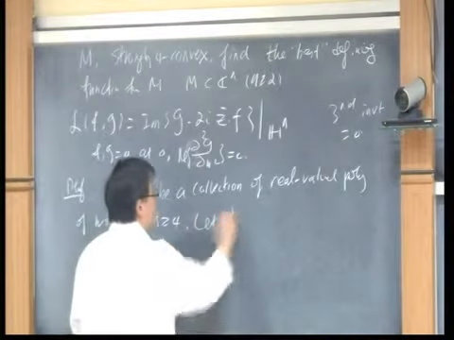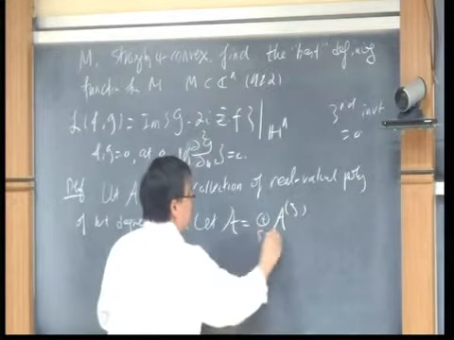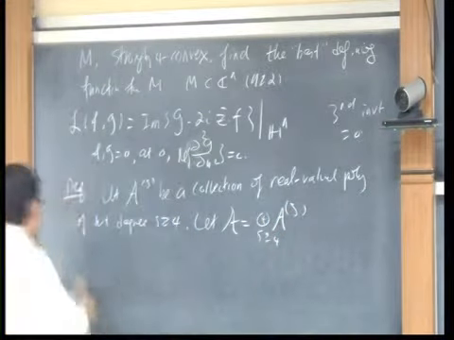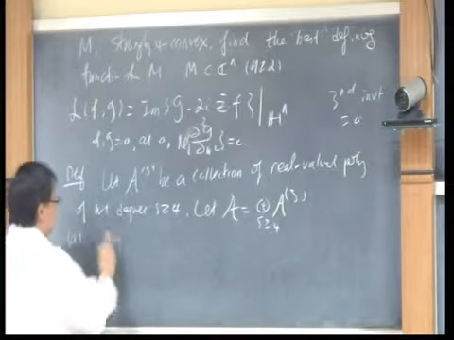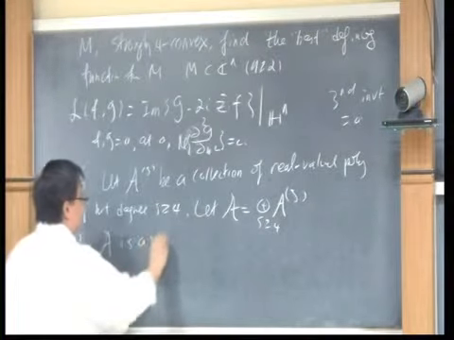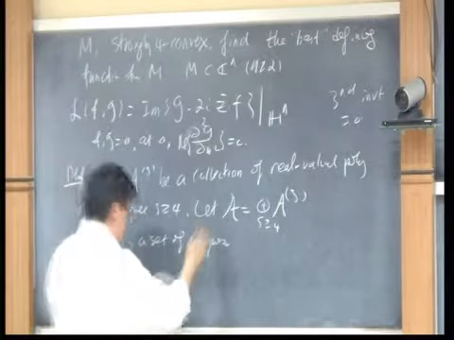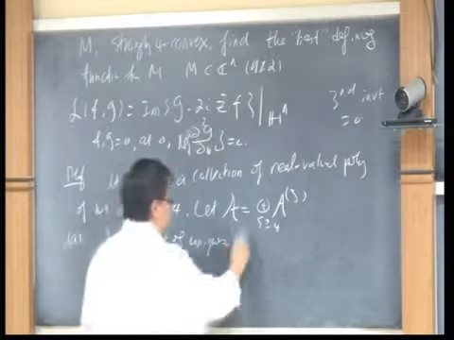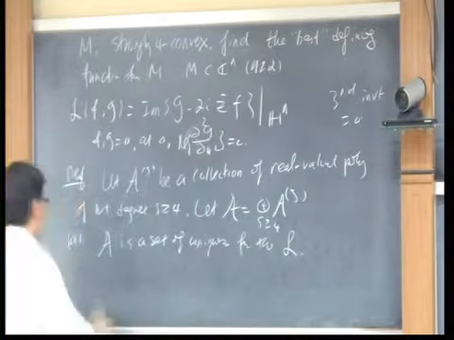Let's say A is the direct sum of the AS. First, A is a set of uniqueness for the normalization operator.